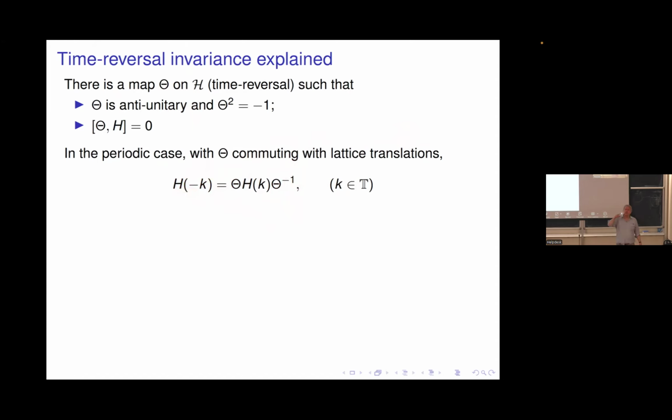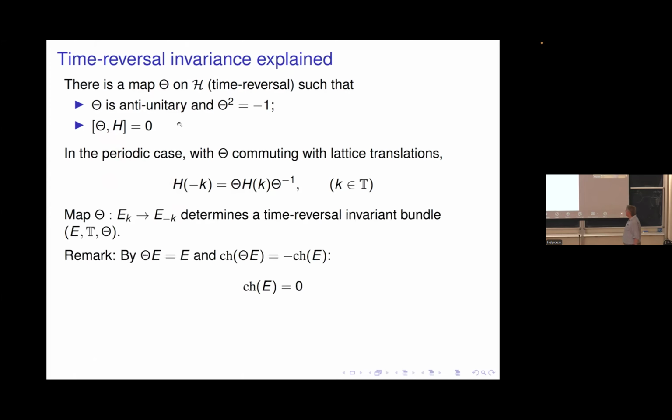If you have a wave function with momentum k, a translation acts by a phase, and time reversal flips that into the opposite one. That's why k goes to -k.